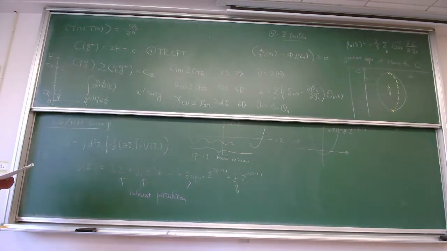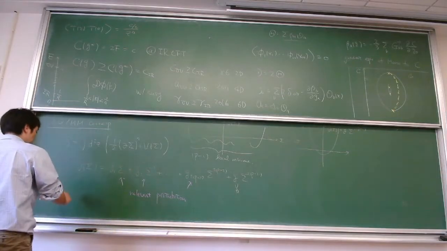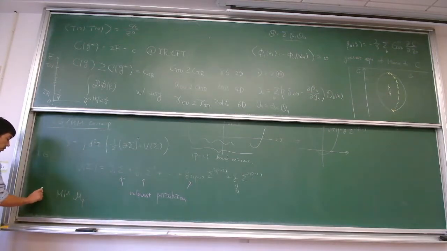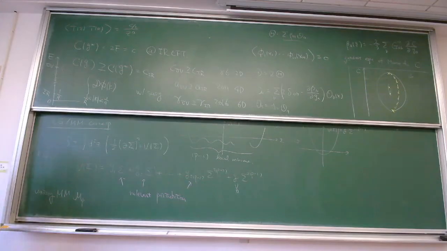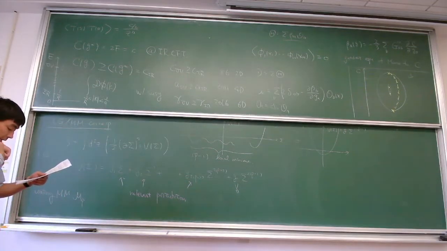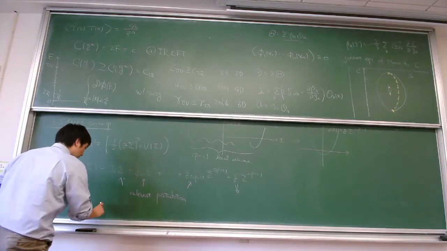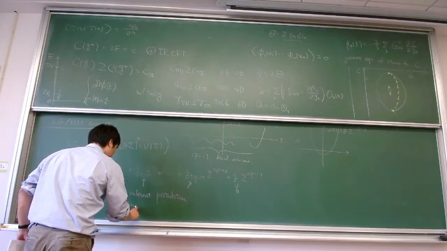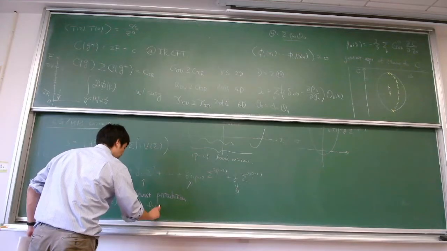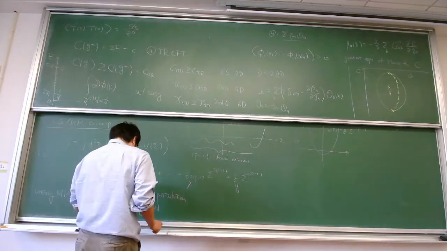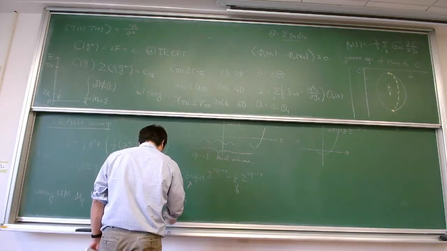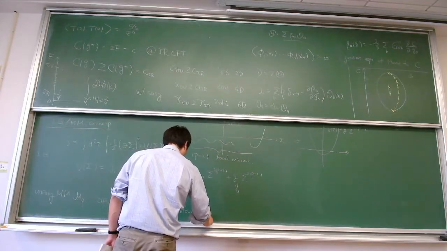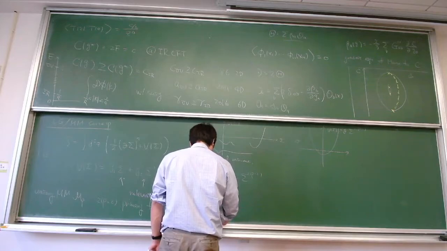And then if you look at the minimal model M_p, we know it's unitary. In the minimal model, indeed, there is a primary field, exactly the same as the 2p minus 2 primary fields, with conformal dimension less than 1.